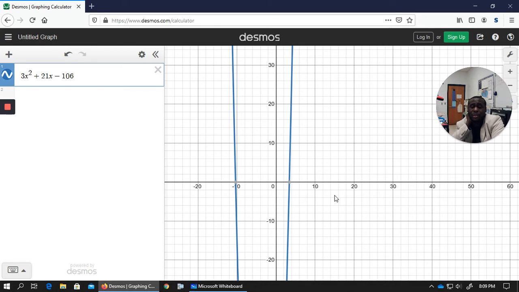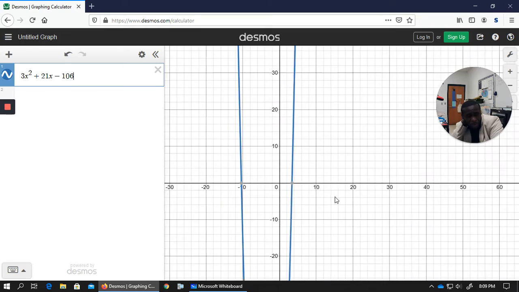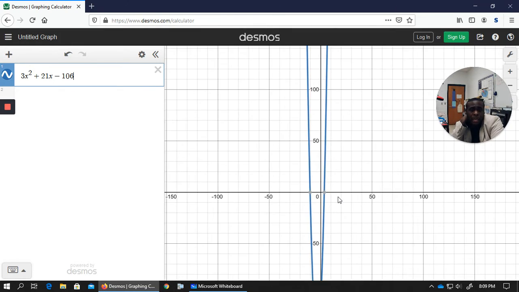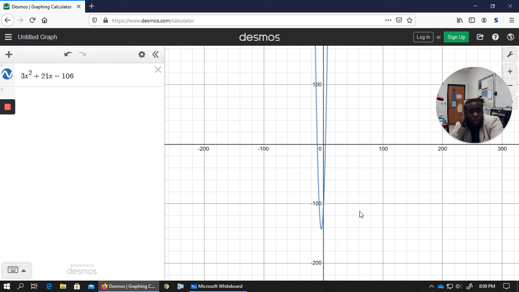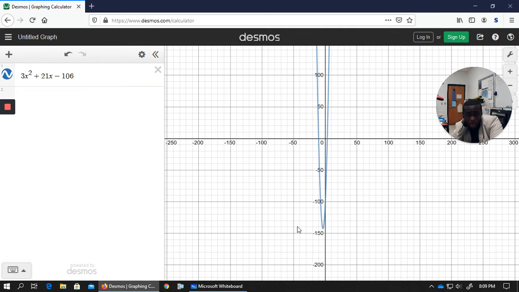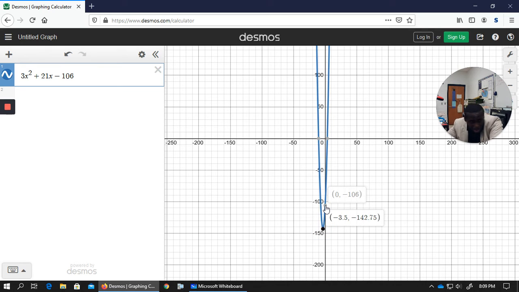So if we're asked to find the roots and the vertex, I'm going to zoom this out right now where we can see the vertex and where we can see the roots, which, remember, are the x-intercepts. When you type this in on Delta Math, they'll have certain points already visible if you look closely.